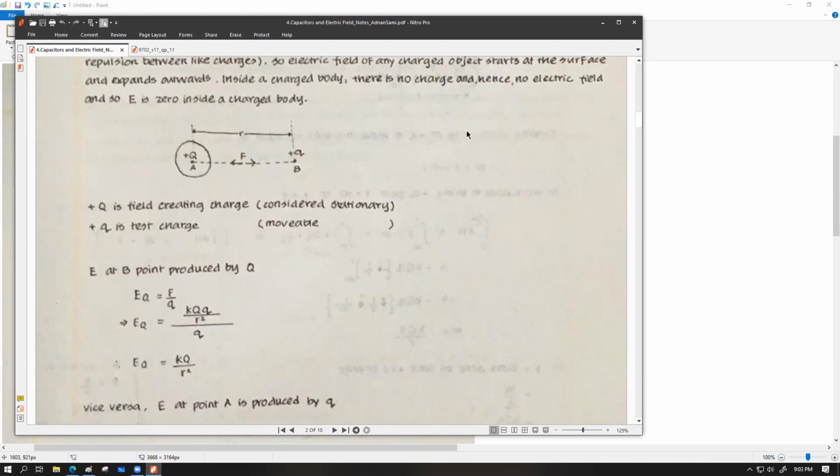So the electrons themselves are trying to spread out by repelling each other, and the positively charged core is trying to attract all the electrons because it wants to get those electrons back. These two forces are in equilibrium, and as a result, electrons are located on the surface.